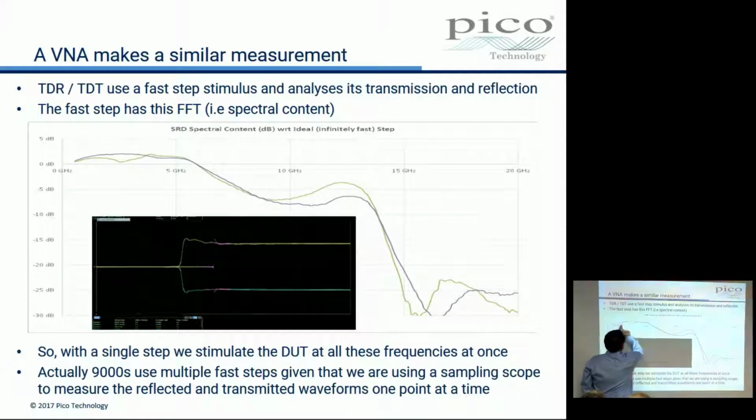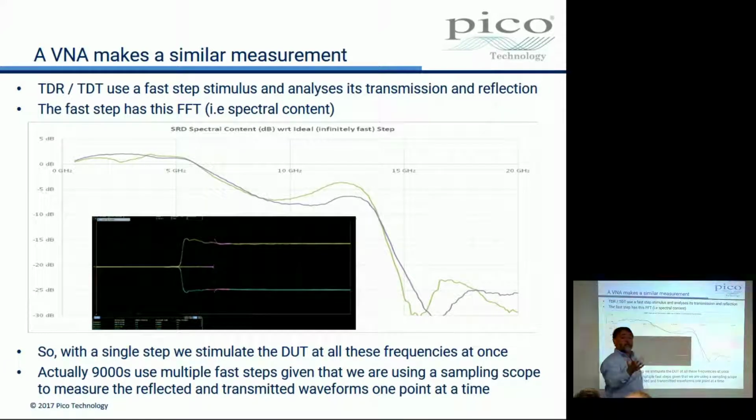So it's a bit wobbly, because you remember that pulse was a bit distorted. This is minus 5 dB, minus 10 dB, but we've got good content out to around 13, 14 gigahertz. But remember, it's actually very small, because the ideal pulse would be very small as well.